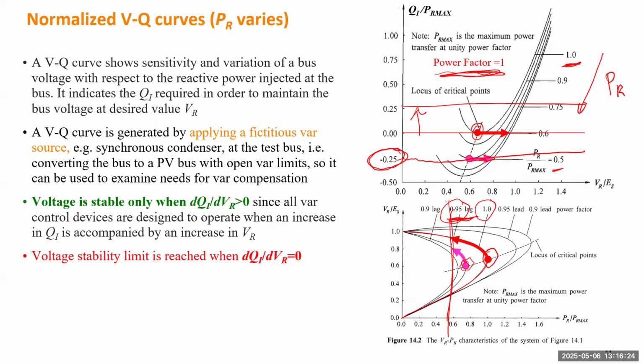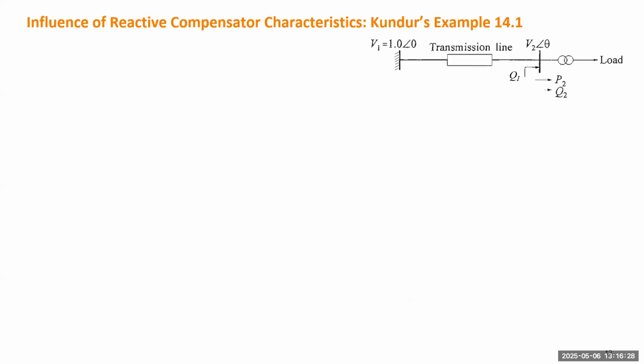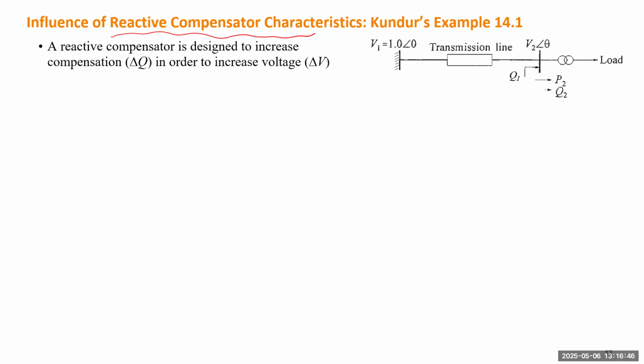So you still need to assume some practical var sources to do the study, right? So here, let's consider a reactive compensator, made by capacitor banks, for instance. How can we utilize the VQ curve to study what reactive power to inject?